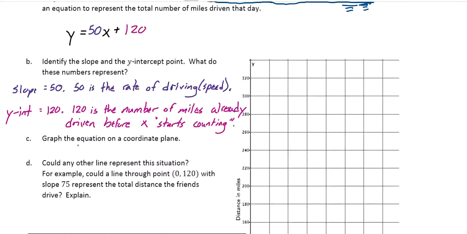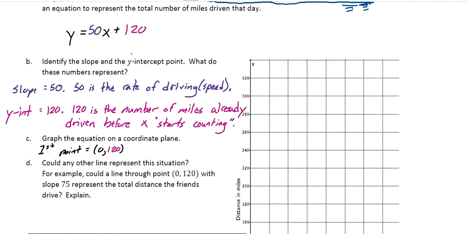Now they want us to graph the equation on the coordinate plane. That's easy enough. Remember, we're going to use b to find our first point. So the first point is going to be 0, 120, because our b is 120.